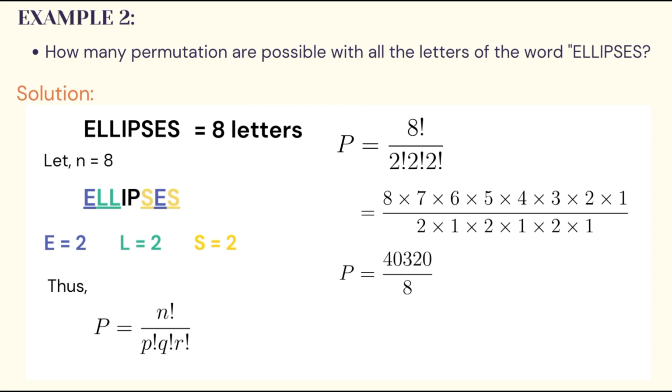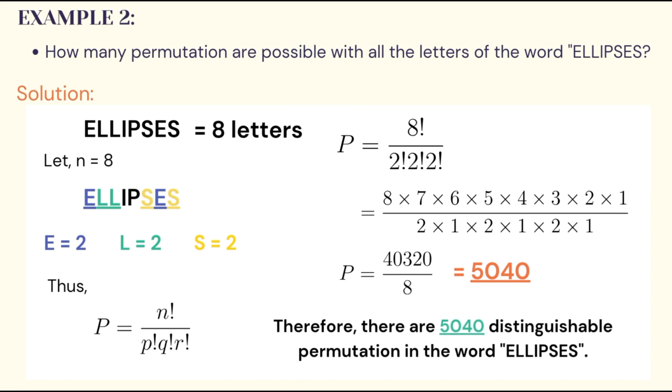Meanwhile, 2 factorial times 2 factorial times 2 factorial is 8. Simplify. 40,320 divided by 8 is equal to 5,040. Therefore, there are 5,040 distinguishable permutations in the word ellipsis.